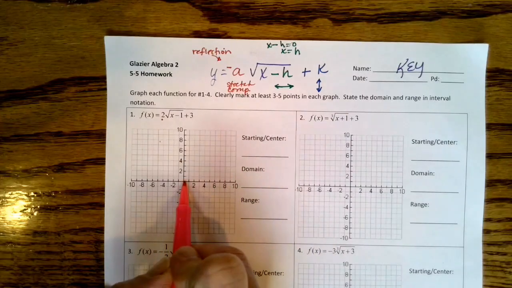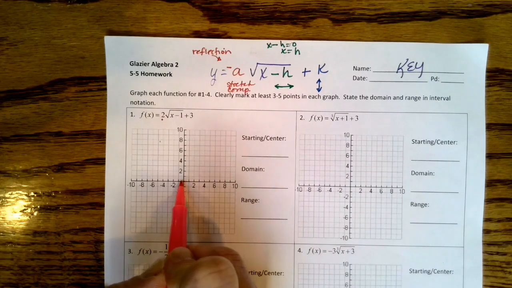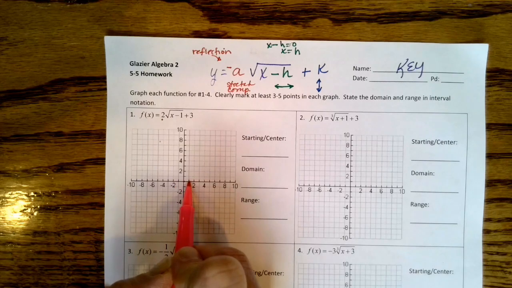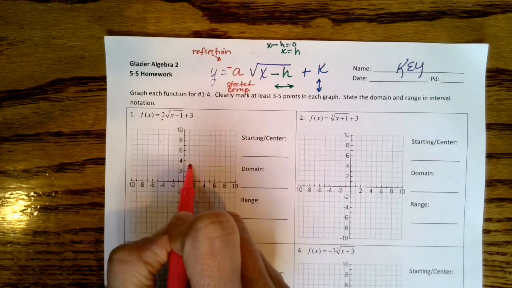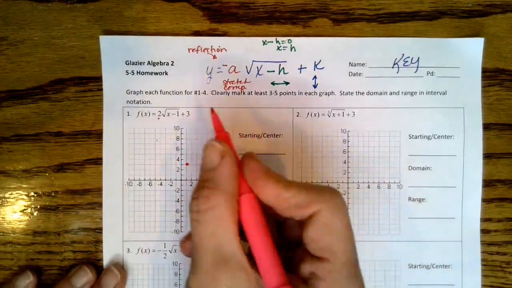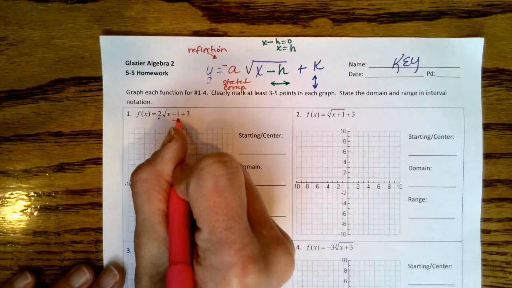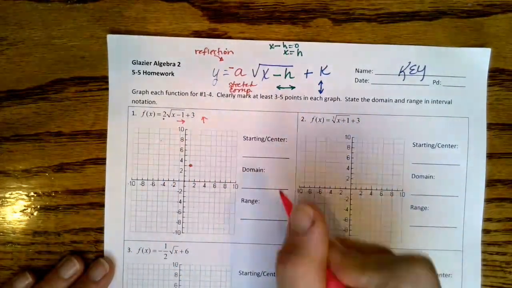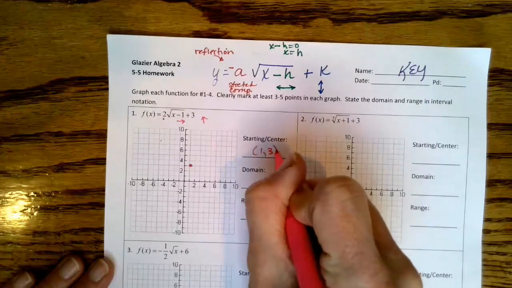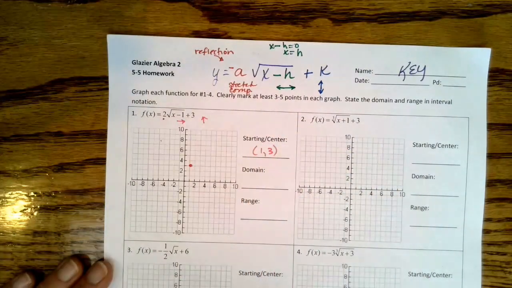So subtract 1 brings me from 0, 0 over this way in a positive direction, and then up 1, 2, 3. So this represents my start, and I get that by a right movement of 1 and a vertical movement of 3. So 1, 3 is going to be my beginning.